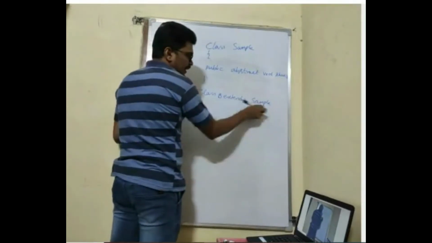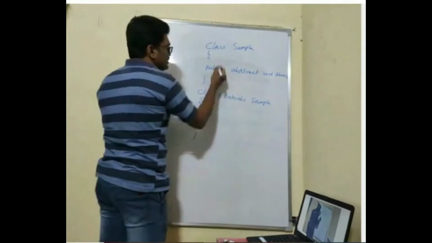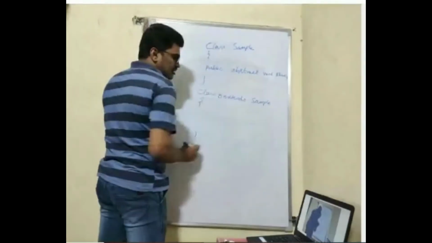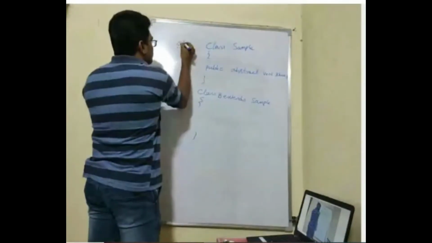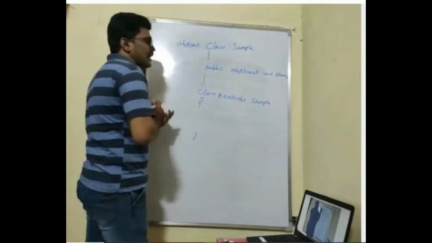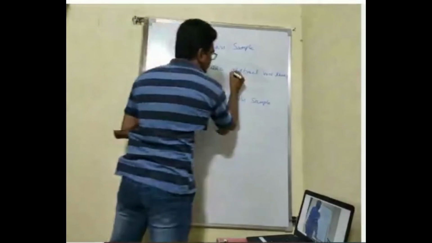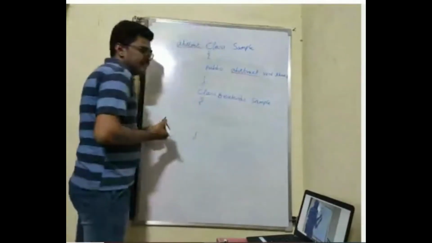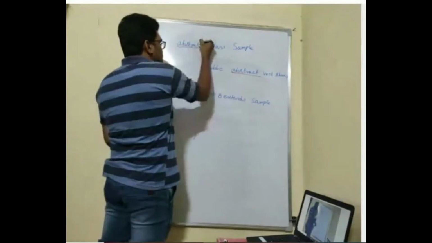Now this should be an abstract class, but I did not make it one. How should I make it? I should put the keyword abstract before the class name, and the keyword abstract before the method name. If I put abstract before a method, then the method becomes an abstract method. Before a class, then the class becomes an abstract class.